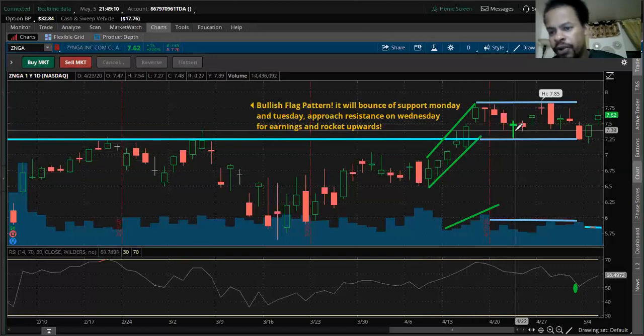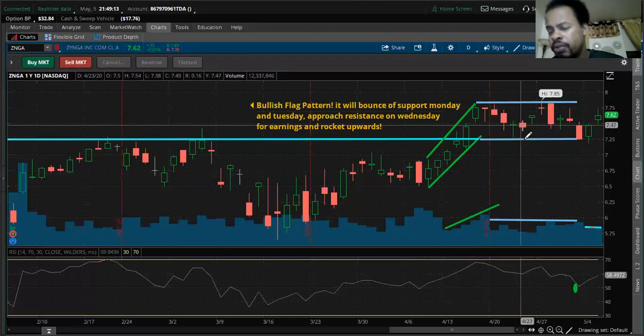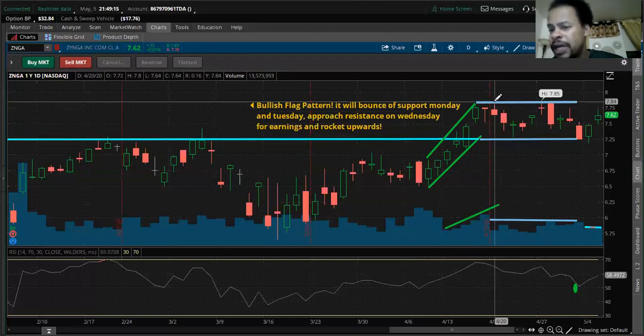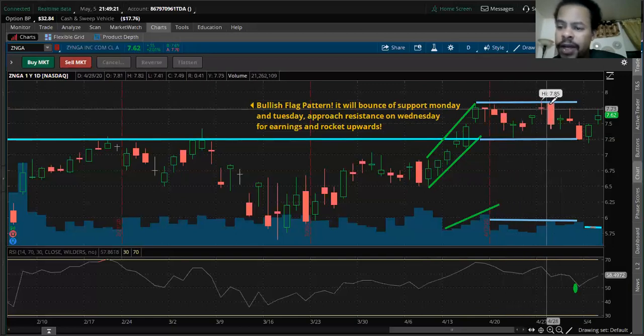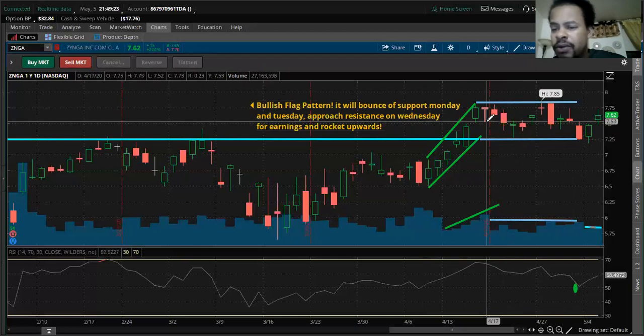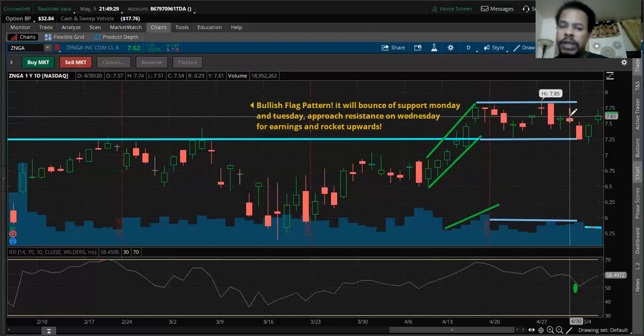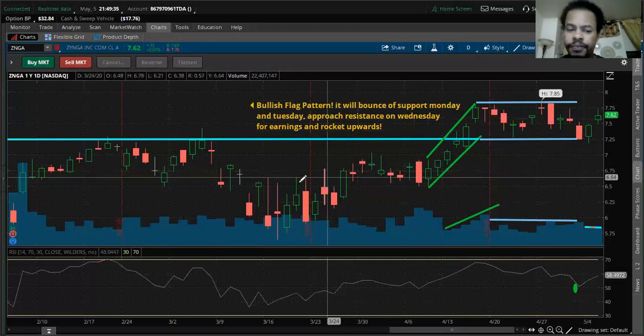Over here, the blue and the blue, these are two more trend lines. The one on top is catching the highs, the one on the bottom is catching the lows, and together they create a channel. A channel means that the price is moving within those two lines, so it's channeling up and down within those two lines. Just so you guys know a little bit about what we have here.